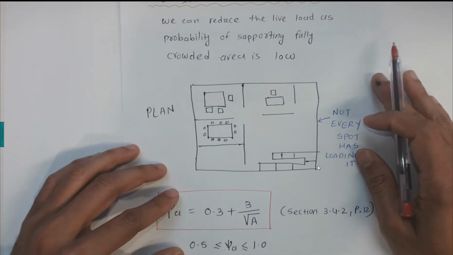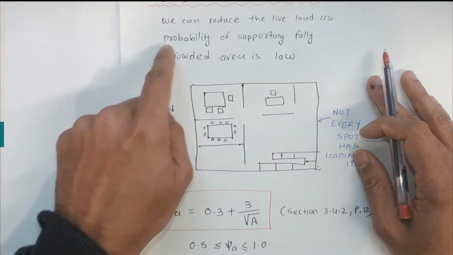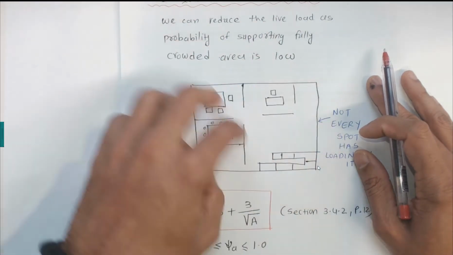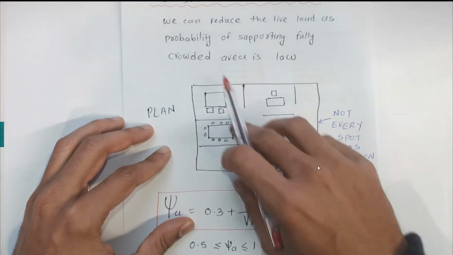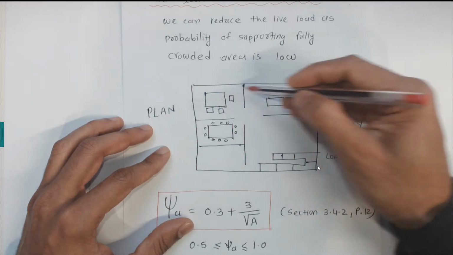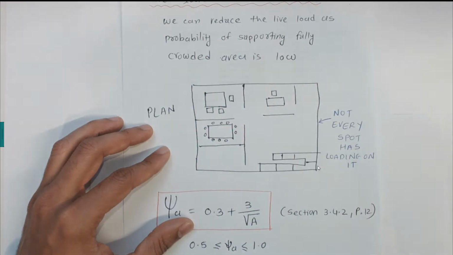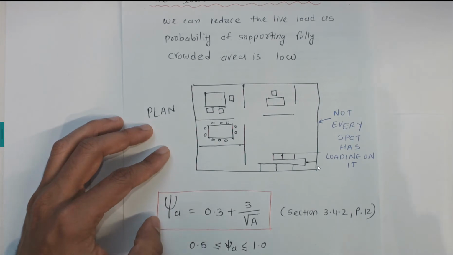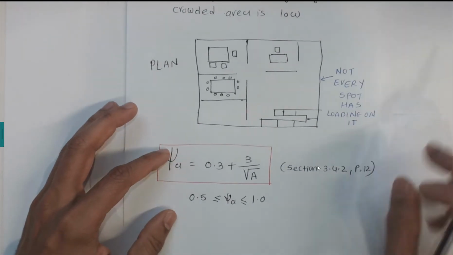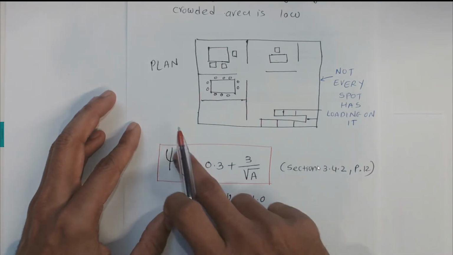So we can say that we'd like to reduce the live load, as the probability of getting the whole floor plan with the loading is very low. We may not have a time where all the floor is loaded. So Australian standard in section 3.4.2 on page number 12 has given the reduction factors.